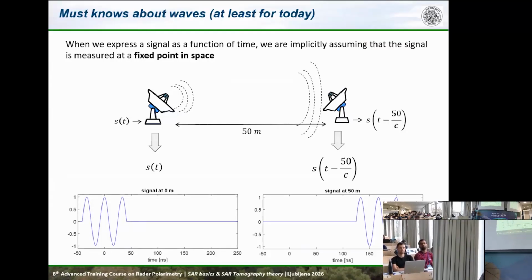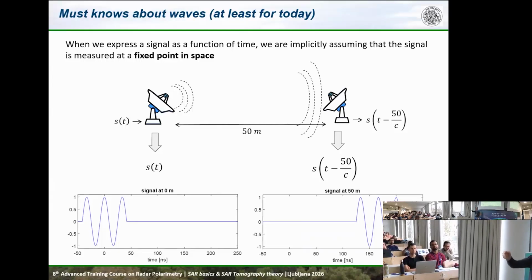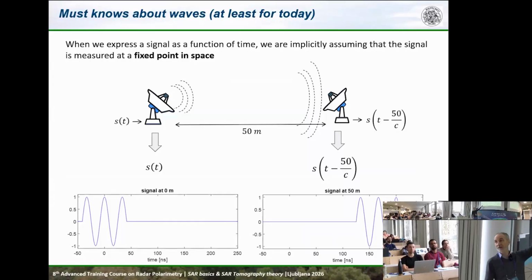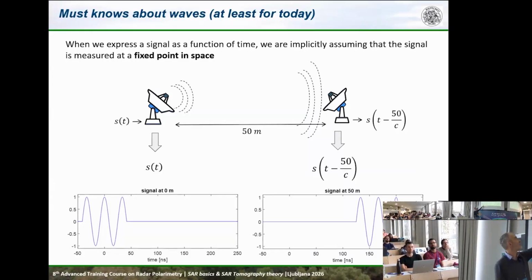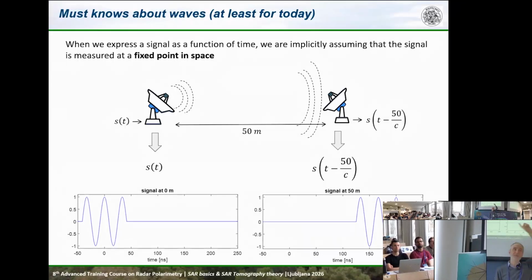We fix a point in space, like the first antenna, and we measure the signal in time. So we measure the wave in time, and we get a graph like this. See that this wave starts more or less here. It has 3 oscillations.